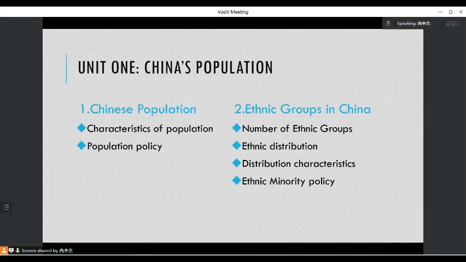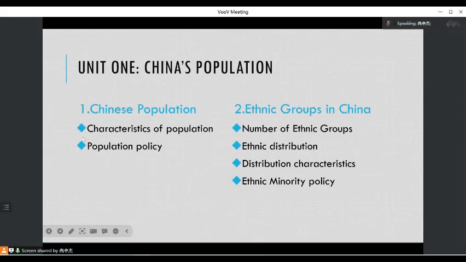At the same time, due to some special reasons, our overall feeling in China is that the population density is particularly high. You can see many people on the street and in the campus. So the first feature is a country with a large population.